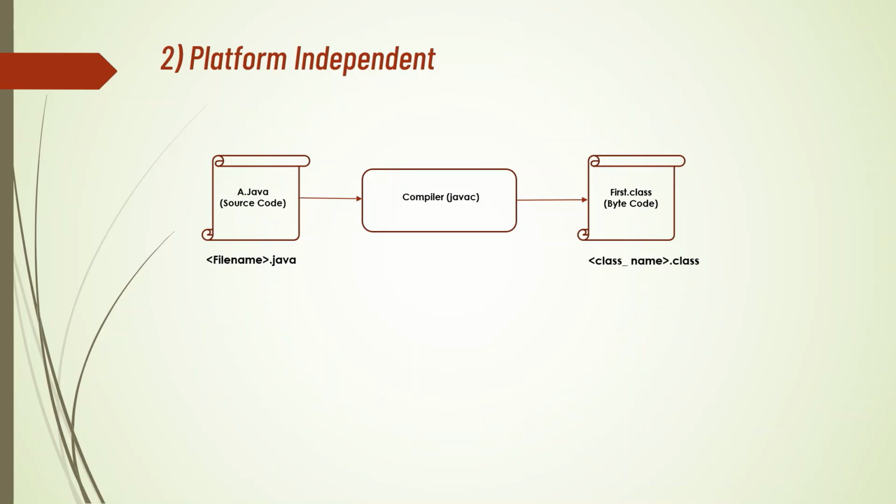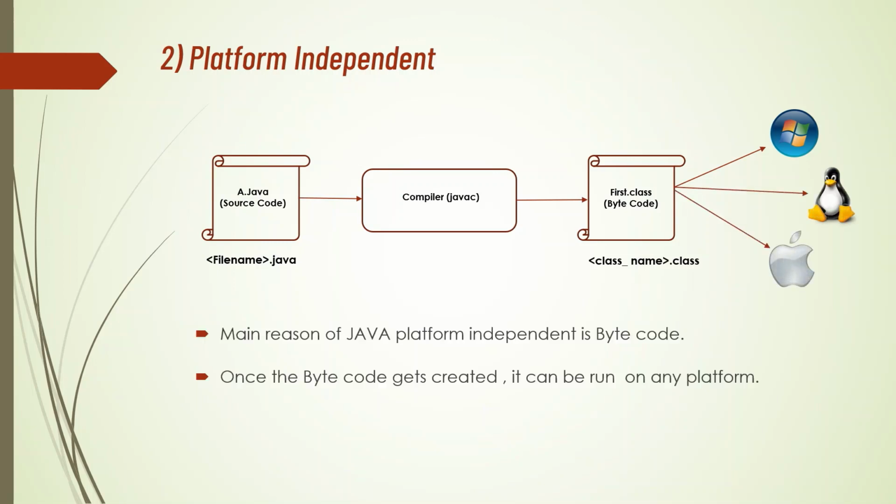Here bytecode is a kind of intermediate code which is in encrypted form, and that is only understandable by the machine. Once we get the bytecode, we can execute it on any operating system, either Windows, Linux, or Mac. So the main reason Java is platform independent is bytecode. Once the bytecode gets created, it can be run on any platform.